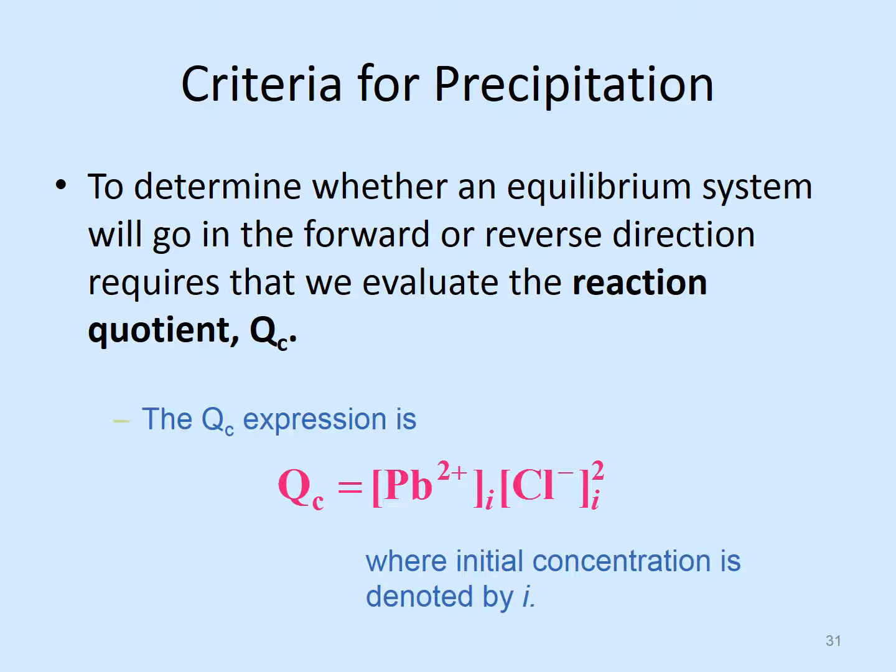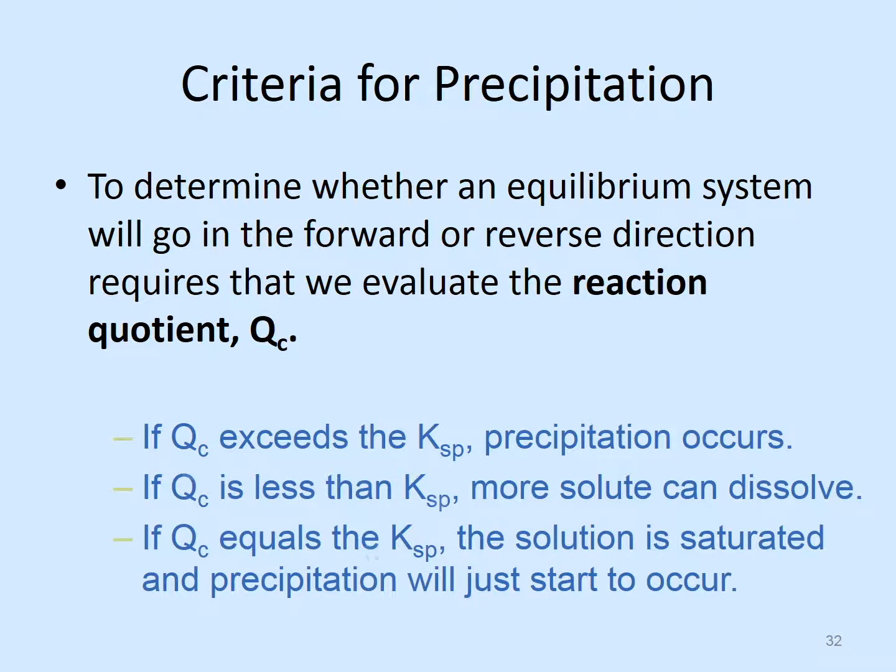So if we're given some values, we can plug them in and see how they compare to K. So if QC is bigger than K, to get to equilibrium, Q will have to get smaller, which means it's going to have to shift to the left, which means precipitation will occur.